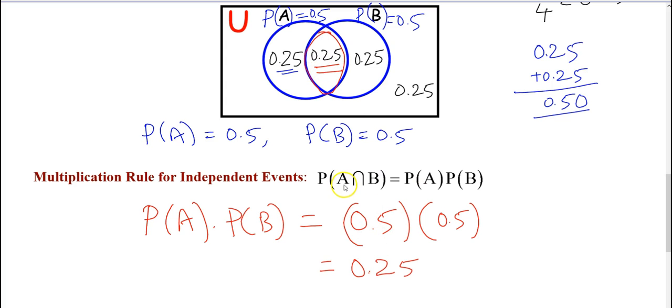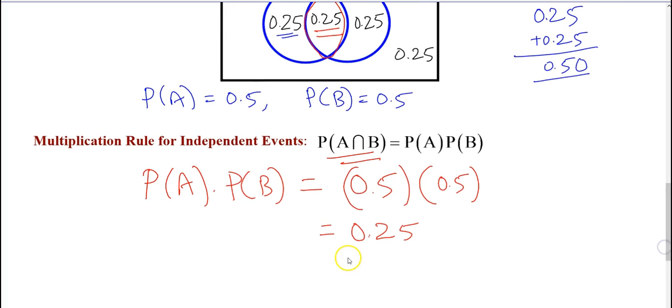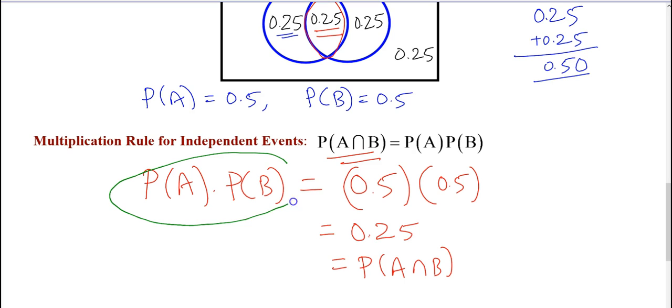That is 0.25 is nothing but probability of A and B, P of A and B. So we are proving that this product, probability of A times the probability of B, is equal to the probability of A and B. That is P of A times P of B equal to P of A and B. Hence, these two events A and B are independent. This is how you can verify if the given two events are independent.